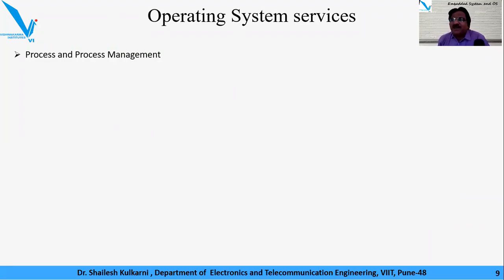So we'll enlist these services with a little narration. The typical services, not limited to these 10 only, that an operating system would offer include process management, or I can say task management, because applications are modularized and multitasked.